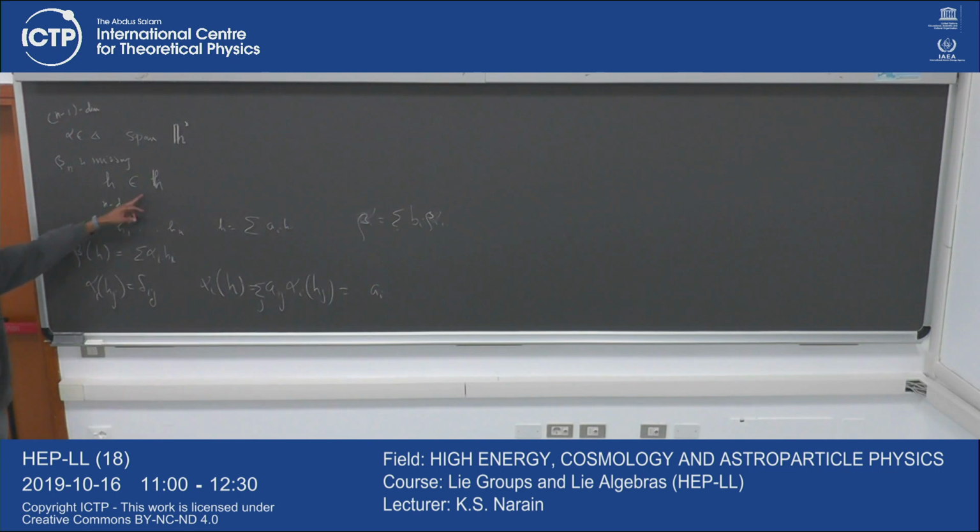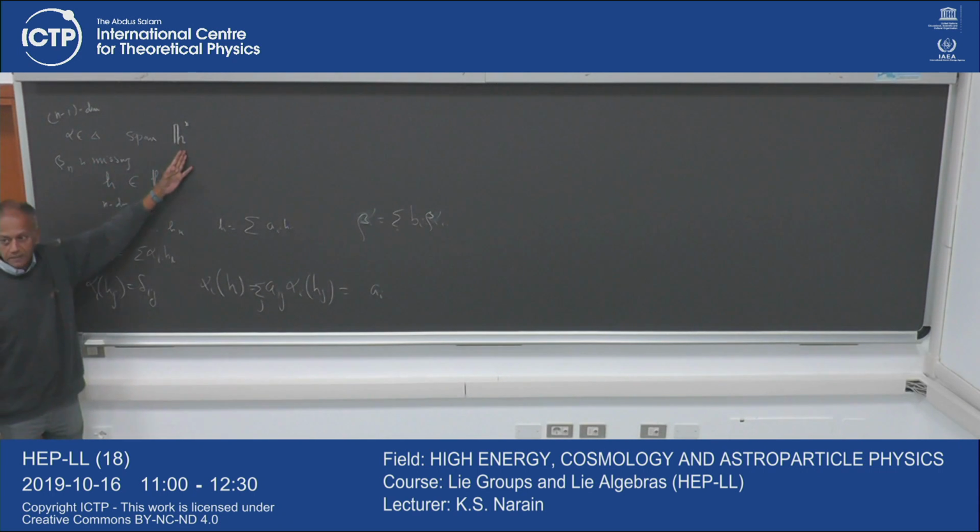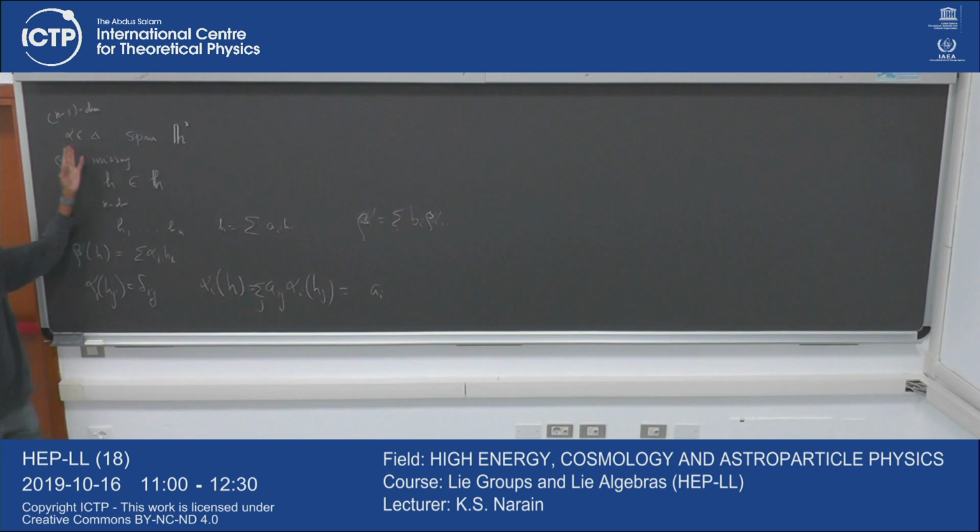H is n-dimensional, and H star should also be n-dimensional, right? But what we are saying is that the roots in your particular Lie algebra don't span all of that space. It spans less, let's say an n minus 1 dimensional space, and call the missing thing beta_n.